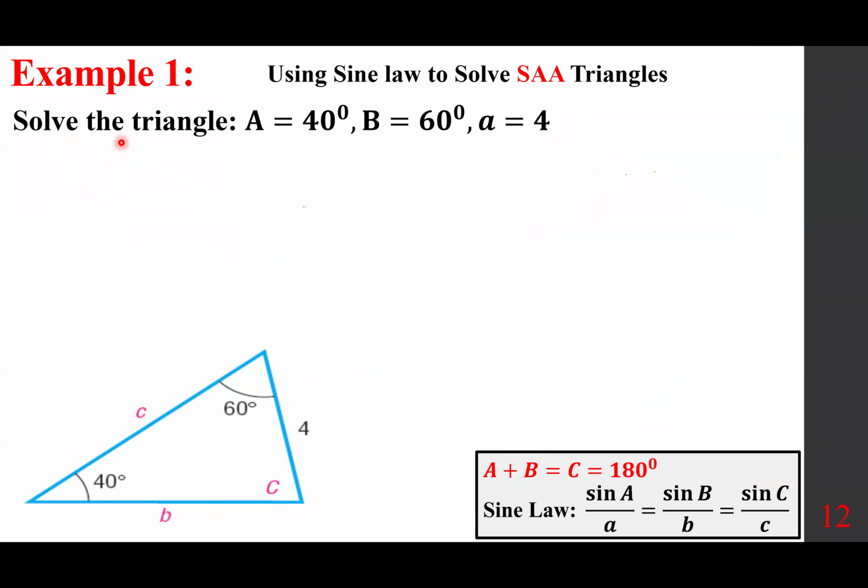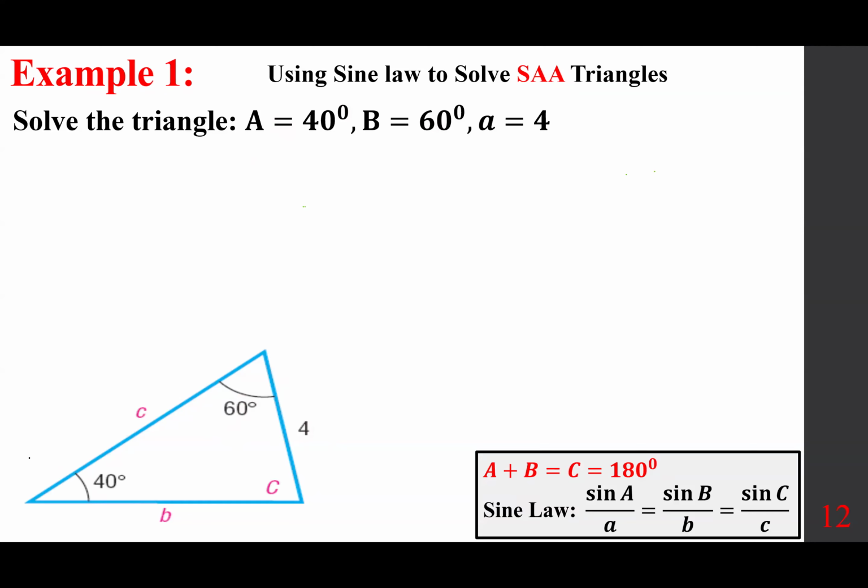So in this case, we want to solve the triangle using sine law to solve SAA, side angle angle. A is 40 degrees, B is 60 degrees, lowercase a is 4. This is a up, so this is capital A, everybody. Let's just quickly do that.